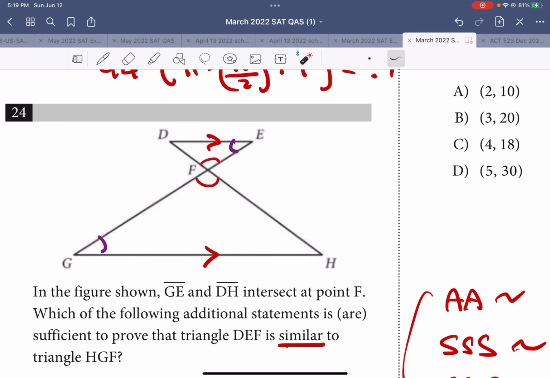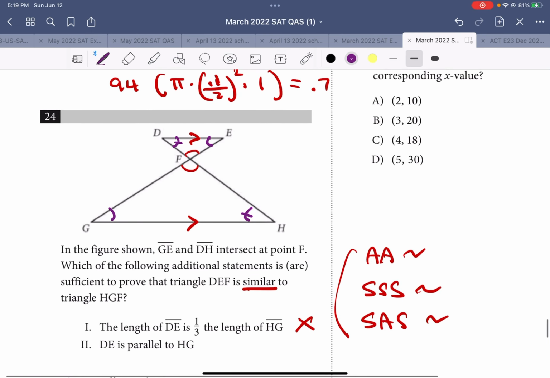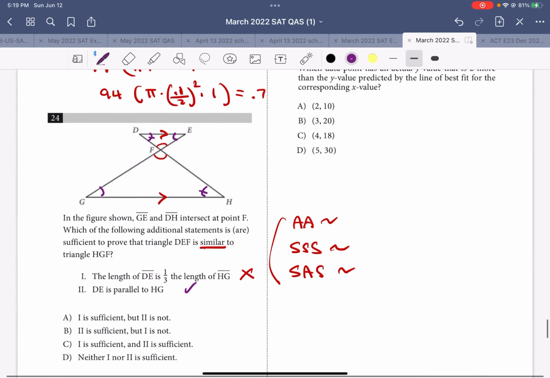Similarly, this angle is also congruent by the same reason. I'm going to mark it. So this one is the same angle. So now all the angles are congruent, and that's sufficient to prove the two triangles are similar. It's not congruent; what I'm talking about is similar. So the second one is sufficient, but not the first one. If you remember this, it will be helpful.